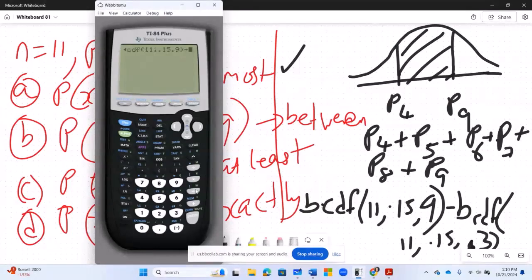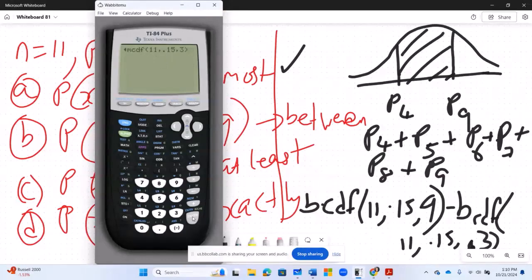I go back to second distribution, binomial CDF, the same sample size, the same success. This time I'm subtracting 3 because 4 is included.